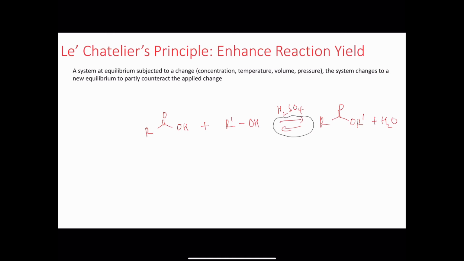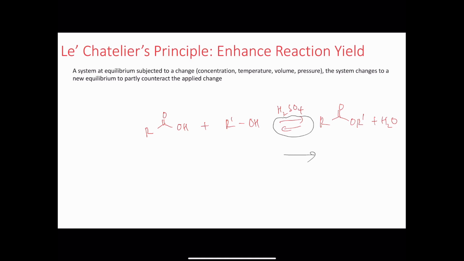All right. So for the Fischer esterification, we need to force the equilibrium to the right. So we need to drive the reaction to the right in order to make more of the ester.